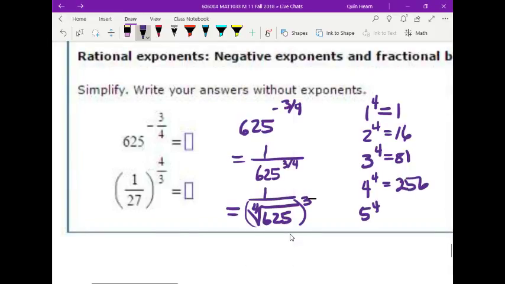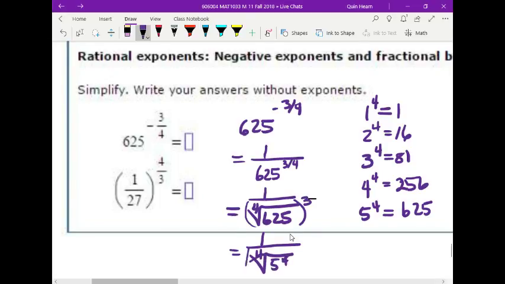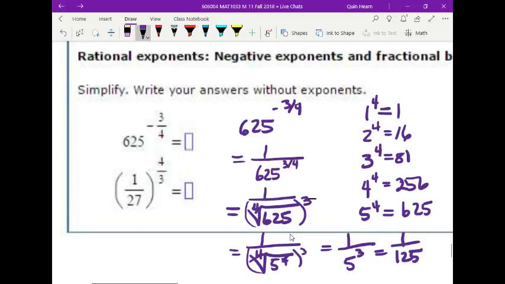And then 5 to the 4th power is actually 625. So when we take the fourth root of 625, we're really taking the fourth root of 5 to the 4th power. So these cancel out. So we're just going to have 1 over 5 cubed, which is 1 over 125. So that's how you evaluate expressions that have a rational exponent, a fraction in the exponent.